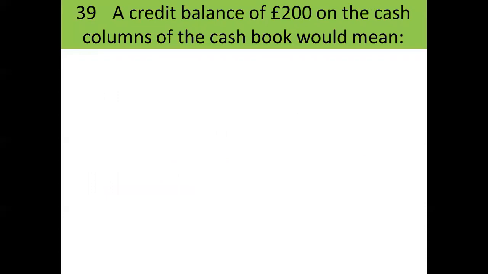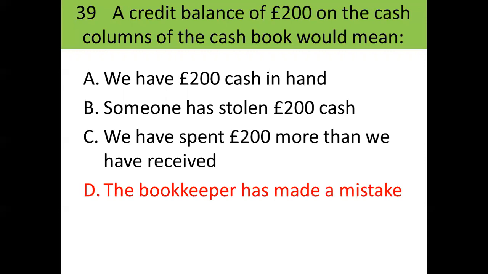Question 39. A credit balance of 200 on the cash column of the cash book would mean the bookkeeper has made a mistake, because if you have that amount as a credit balance, it means that you are in deficit.